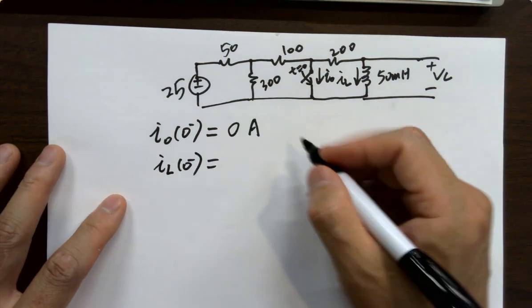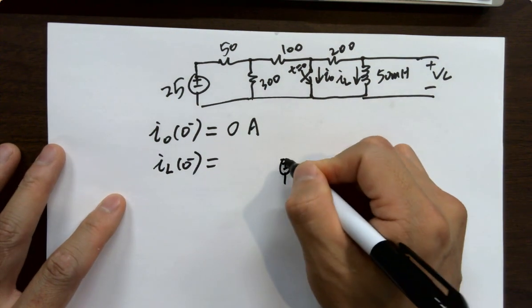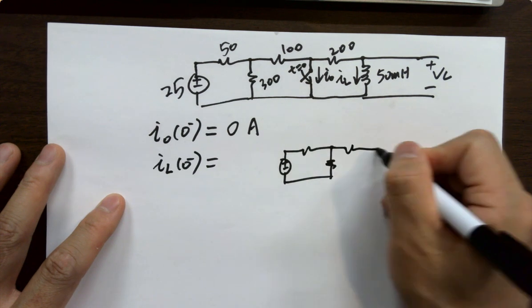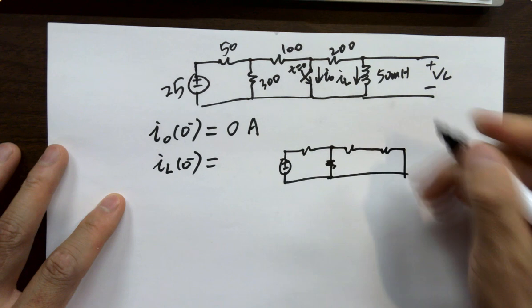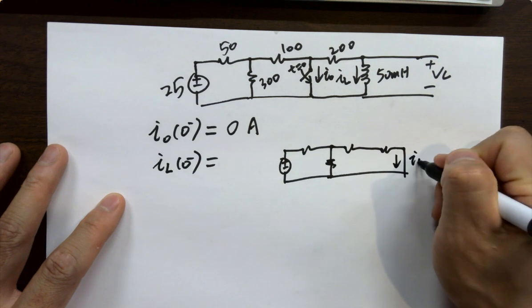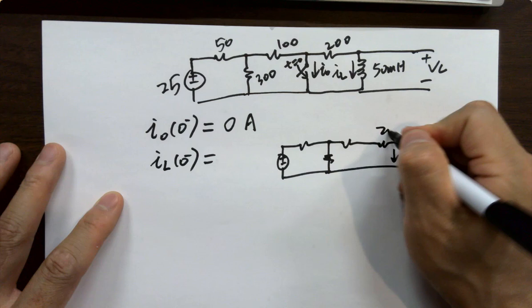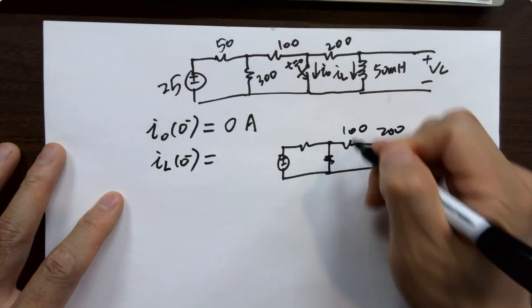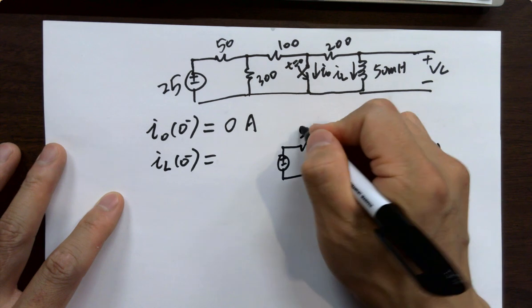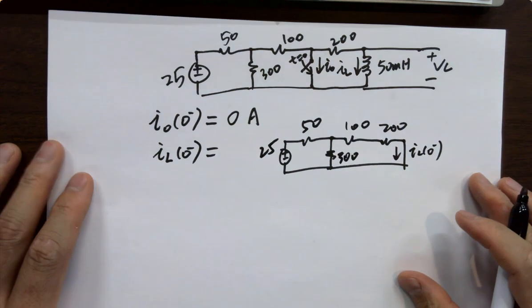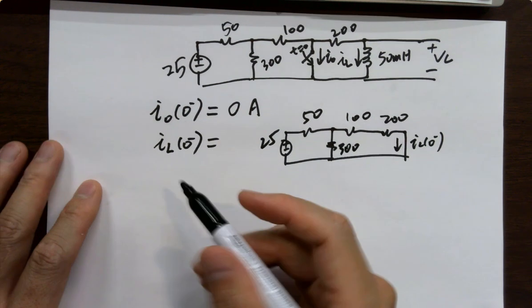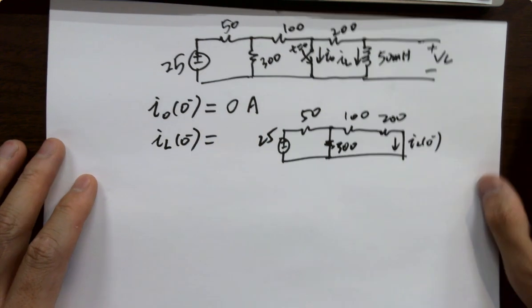So the circuit looks like, I'm not directly giving you the answer, but I'll draw the circuit for you. So when you are watching the video, you'll know what's going on here, okay? So here's the IL0 minus. 200, 100, 300, 50, 25. Not difficult to find it, right? But how to find it, just in case.